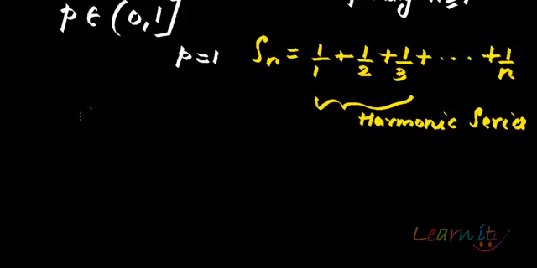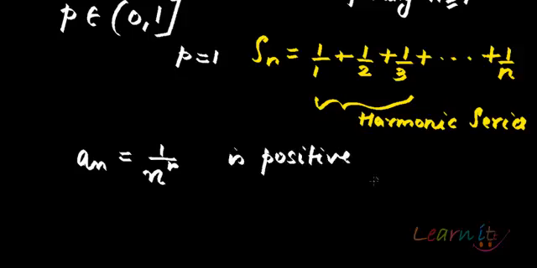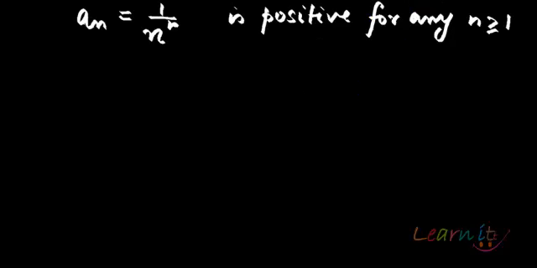Okay. Now, of course, your an equals 1 by n to the power p. Now, this is positive for any n greater than or equal to 1, right? This will be a positive term.